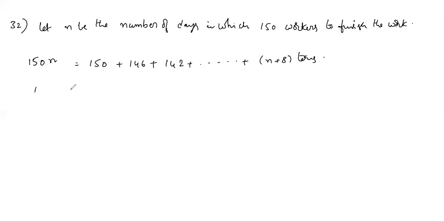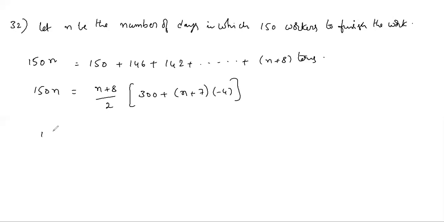150 into n equals, this is in arithmetic progression, n plus 8 by 2 into 150 plus... 300 plus n plus 8 minus 1, n plus 7 into common difference minus 4.